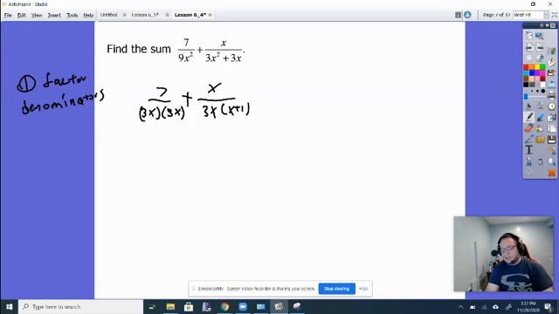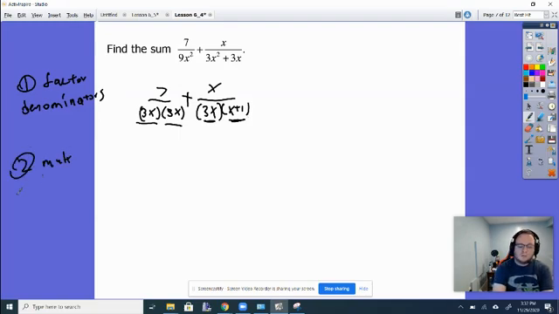So what I see is on my first one, I have a 3x, and I really have a second 3x. In my second one, I only have one 3x, and I only have one x plus 1, whereas my first one, I didn't. So the goal at this step is we're going to multiply by all the missing parts.